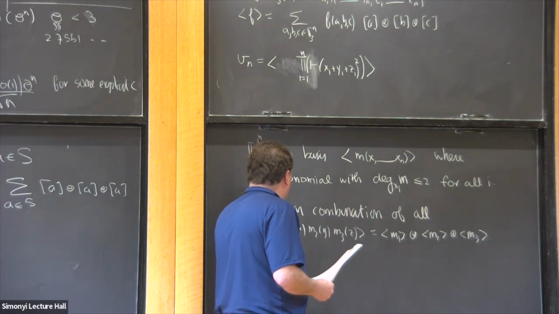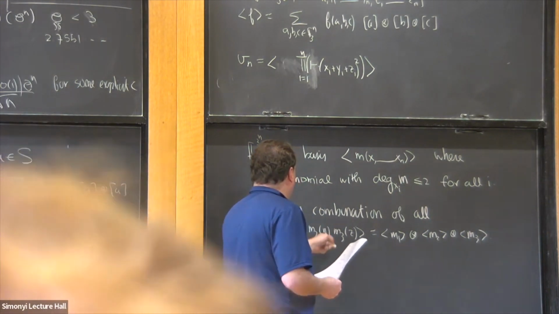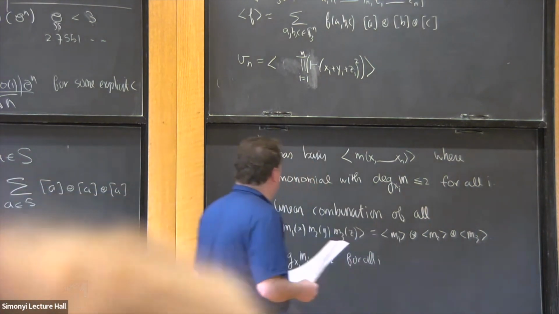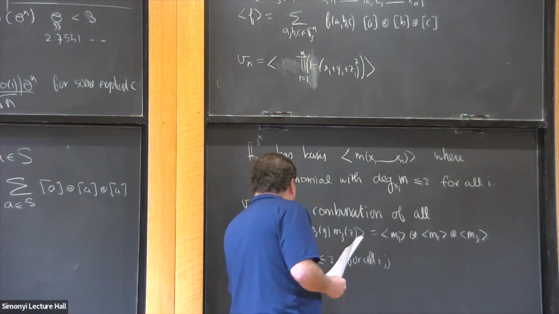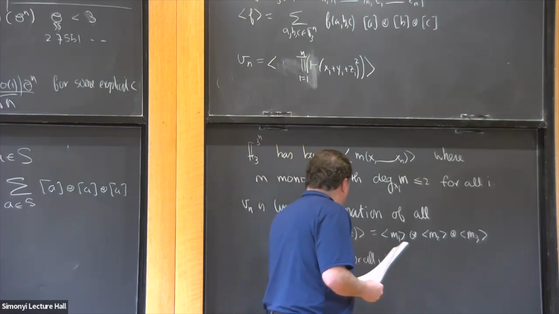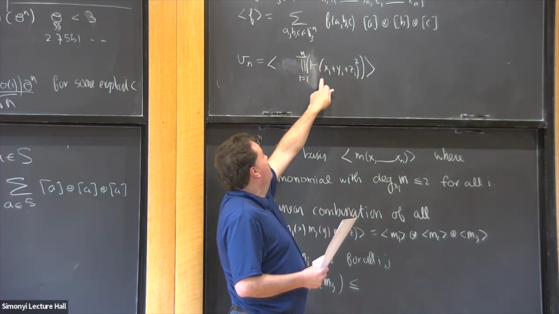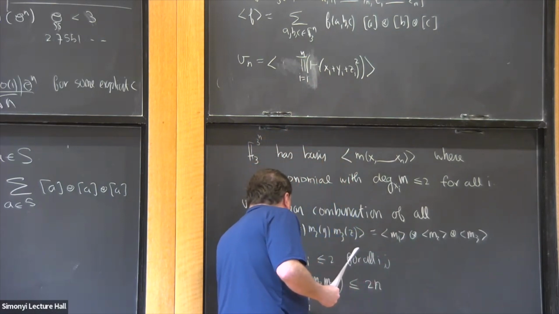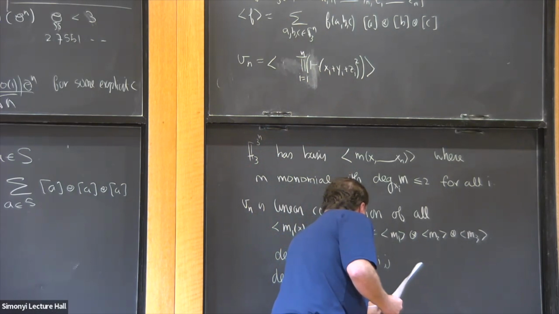First of all, the degree of mi in each variable xj, or yj, is less than or equal to 2 for all i, j. But also the degree of m1, m2, m3 is at most, if you look at here, this is a polynomial clearly of total degree at most 2n. This is just the degree of m1 plus the degree of m2 plus the degree of m3.